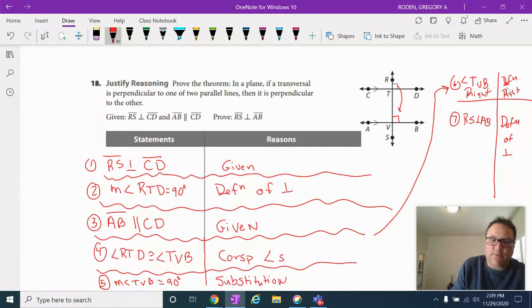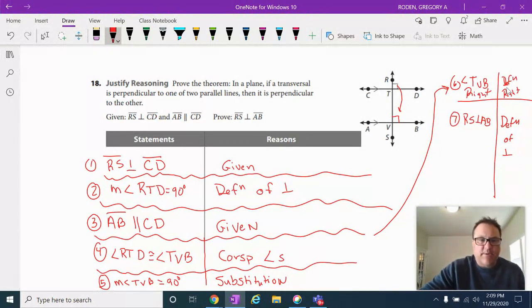Okay, let me go through this one more time to make sure we have it. RS is perpendicular to CD. That's given. Measure of RTD is 90 degrees. That's the definition of perpendicular. AB is parallel to CD. That's given. Then we can say that angle RTD and TVB are congruent because of corresponding angles.